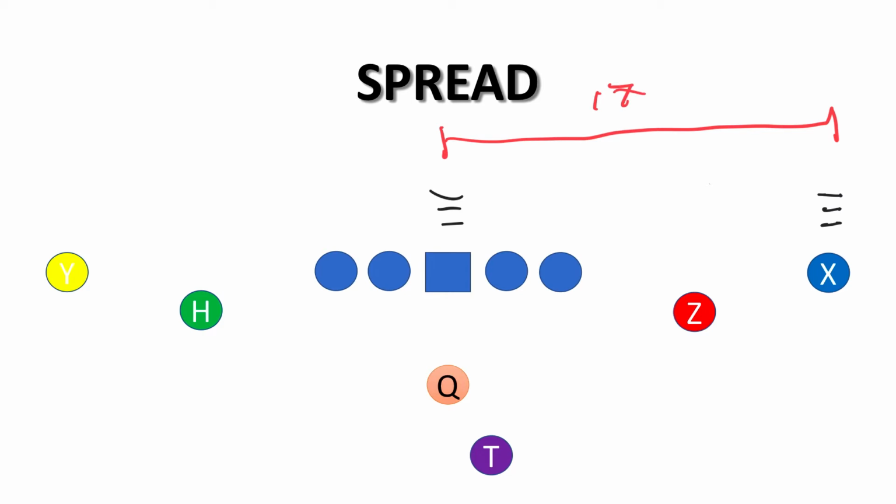So this same split from the ball to the outside receiver is still 17 yards, and that's both ways. So if this receiver is 17 yards from the hash, the max split that we're going to take is going to be 1 yard from the sideline.